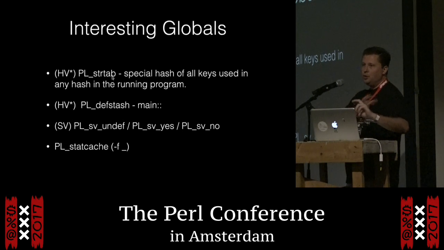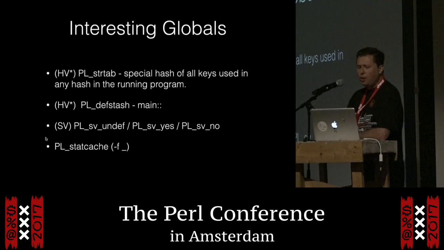So it kind of normalizes your keys in your running program. You also have more basic things like PL_sv_undef and PL_sv_yes and PL_sv_no, that sort of thing. You also have things like PL_statcache. So if you do -f _, what it's actually doing is getting your stat result from the stat cache so that it doesn't have to go out and do that stat or else stat again.